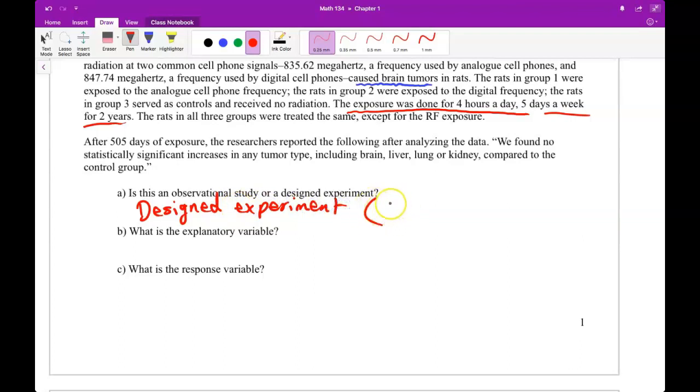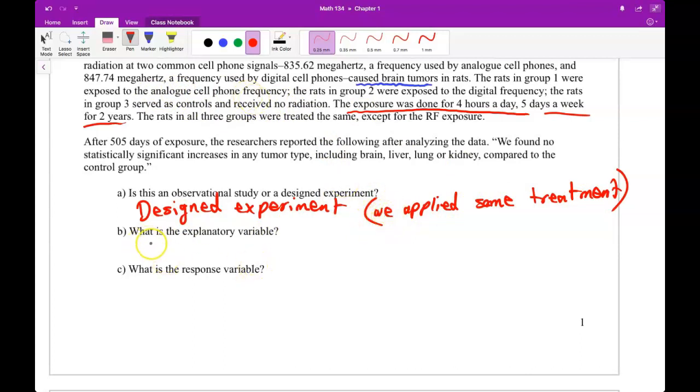That is because we applied some treatment. Okay, these researchers applied that treatment. When I'm writing we, I mean these researchers.